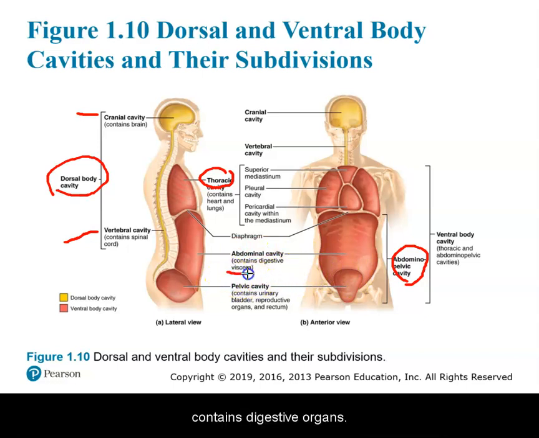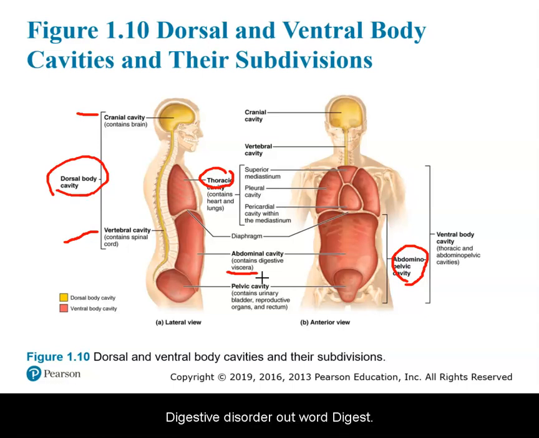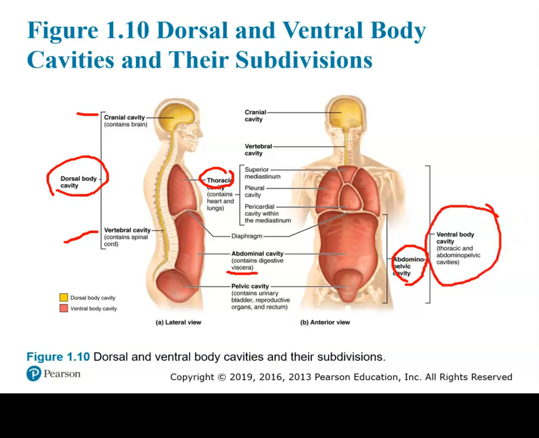Whenever you see the word viscera, viscera means organs, or pertaining to the organs. So the abdominal cavity contains digestive viscera or digestive organs. Whereas here, the pelvic cavity contains the urinary bladder, reproductive organs, as well as the rectum. All these subdivisions are contained within the ventral body cavity.